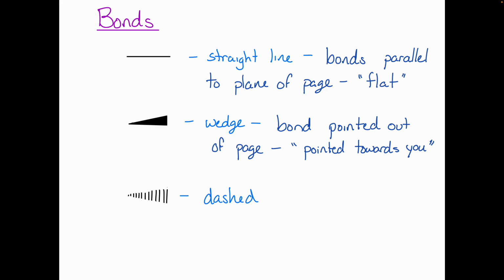All right, and unlike the wedge, which means it's pointed out at you, the other one means that it's pointed away from you, so pointed into the page. All right, away from you.